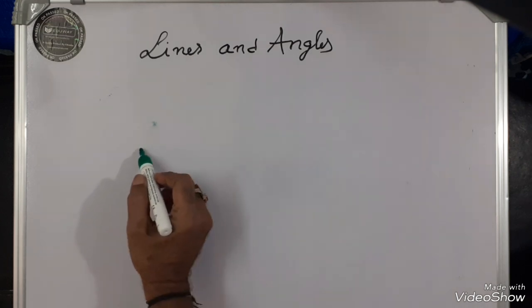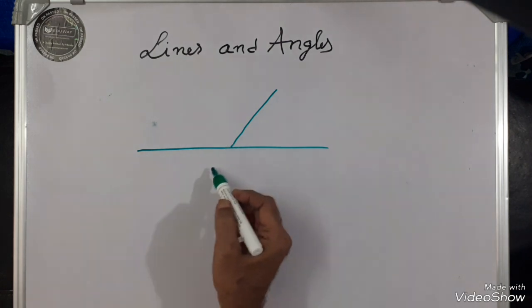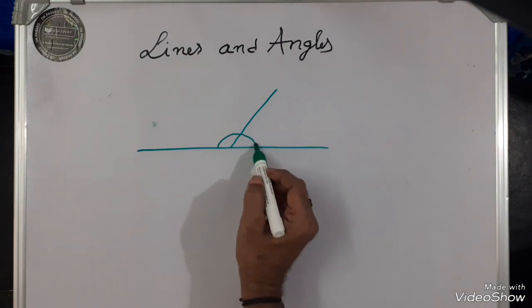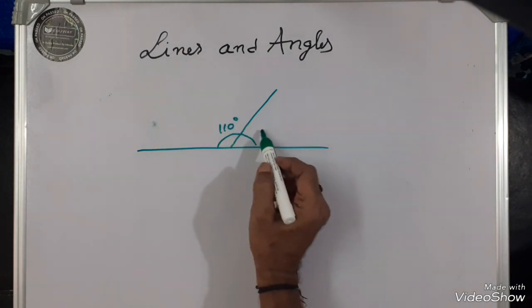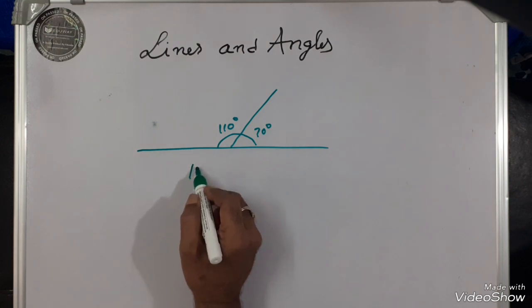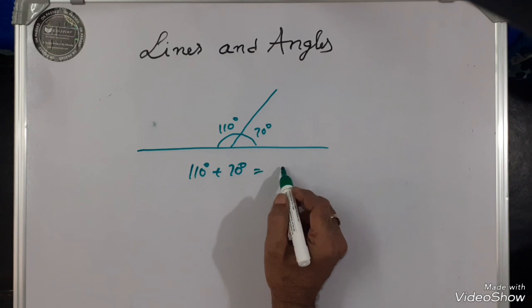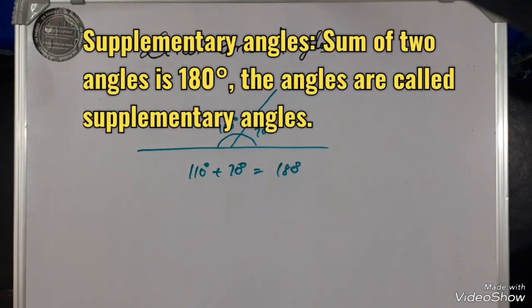Now let us discuss what are supplementary angles. See here, we know this angle is a straight angle. This is 110, suppose. This will be 70 degrees. So this is called a straight angle. 110 plus 70, 180, is a straight angle. When the sum of two angles, 110 plus 70 degrees, equals 180, then the two angles are supplementary to each other.